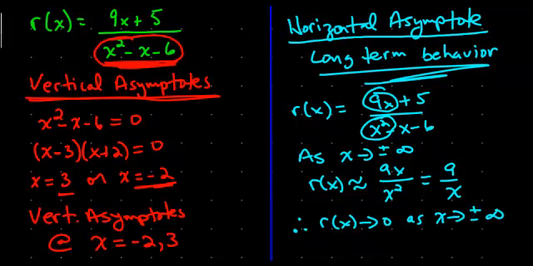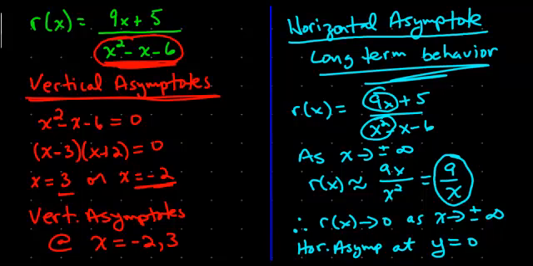So we see we have a horizontal asymptote at y equals 0. As x is positive and really big, we're going to be approaching 0 from the top. As x is negative and really big, we're going to be approaching 0 from the bottom.